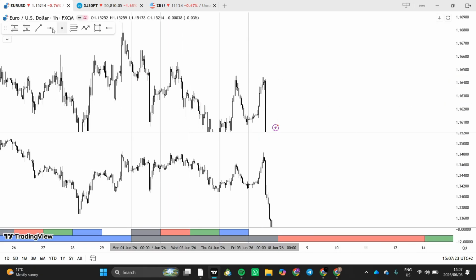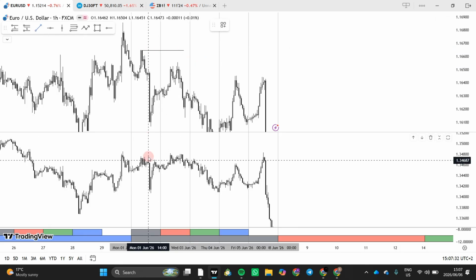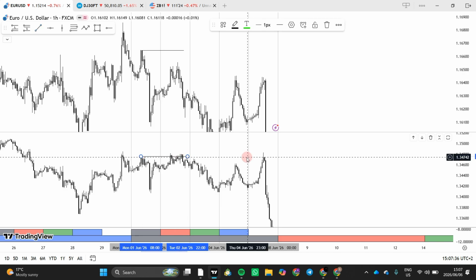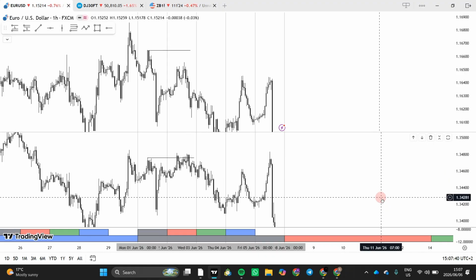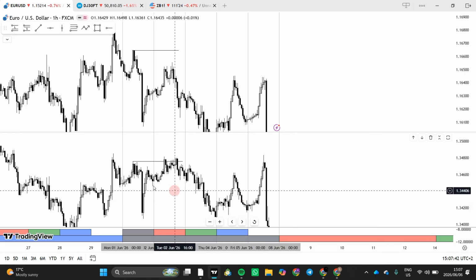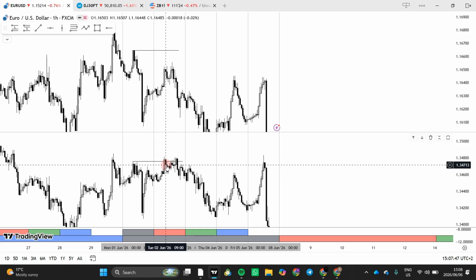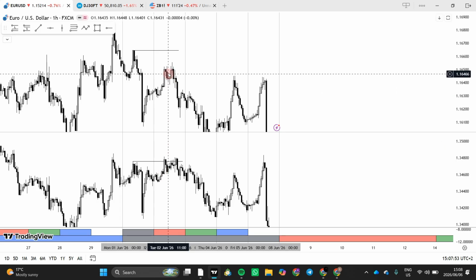And we had sequential SMT happening between Monday and Tuesday, right over here. Monday's range was taken out by GU on GU, failing to do so on EU.